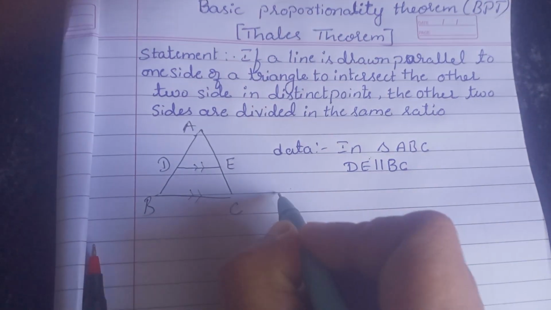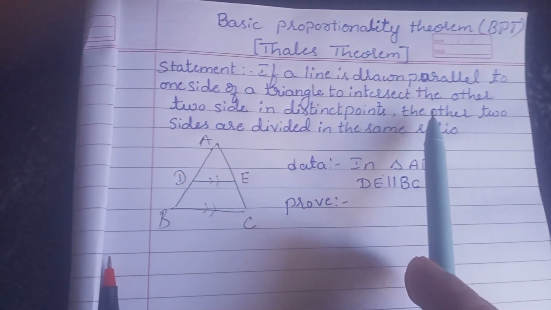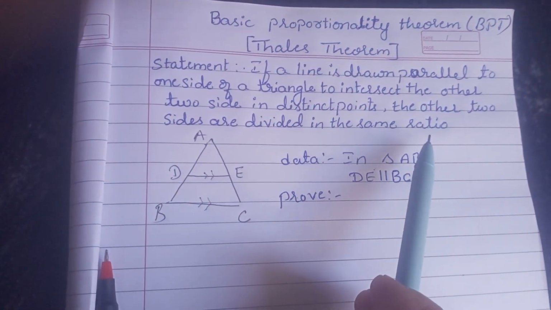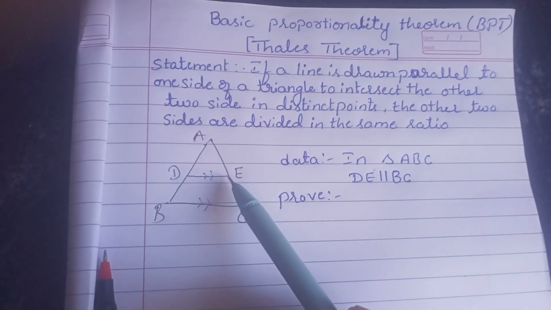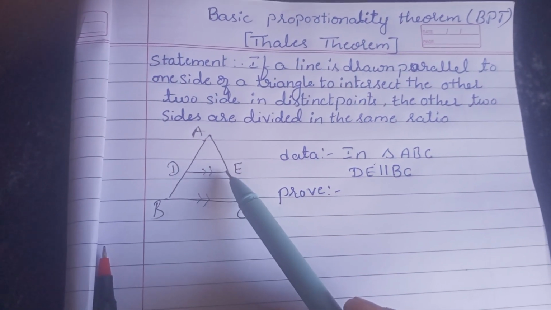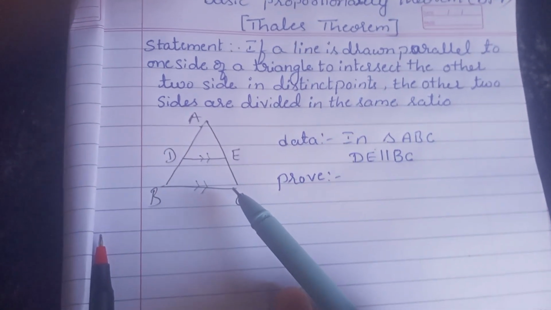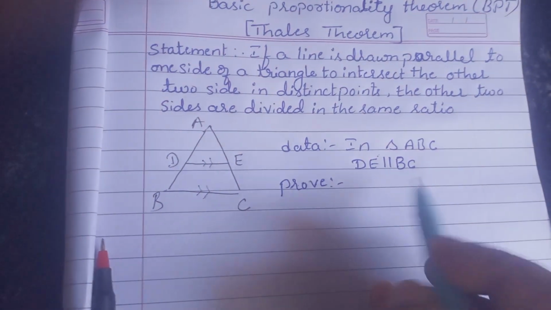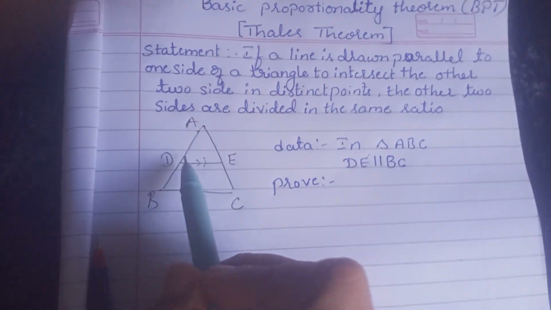Next one is prove. What we are going to prove? The other two sides are divided in the same ratio. The line DE divides the other two sides AB and AC in the same ratio. Which are the two sides here? AB and AC.